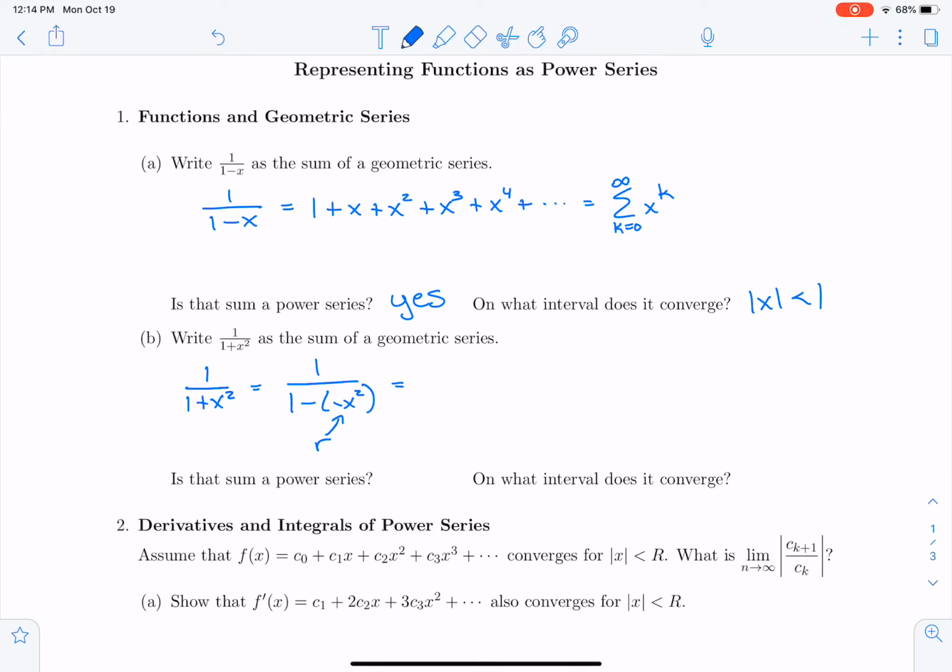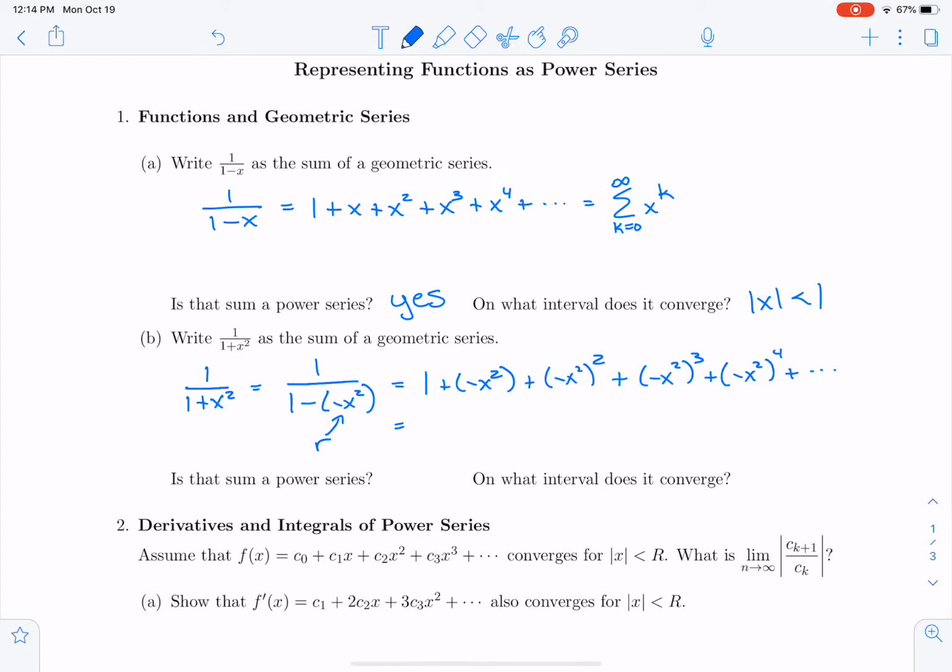So if I want to write this as a geometric series, it would look like 1 plus negative x squared plus negative x squared squared plus negative x squared cubed plus negative x squared to the fourth, etc.